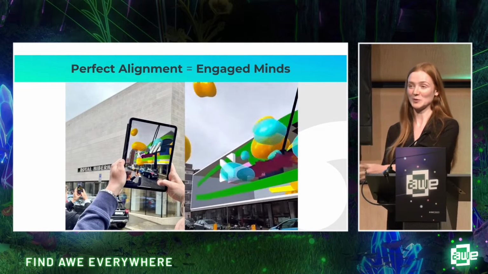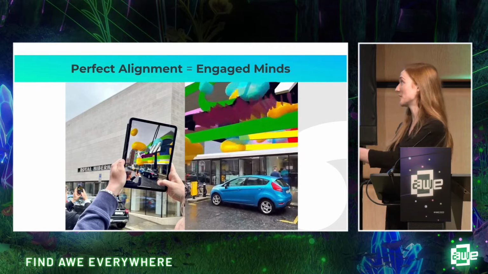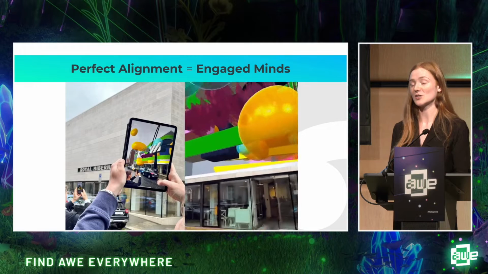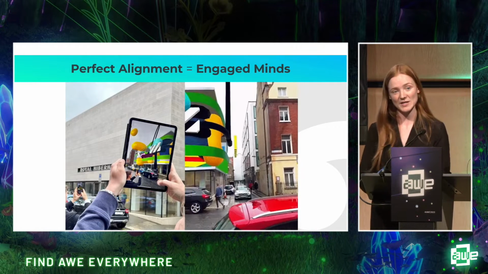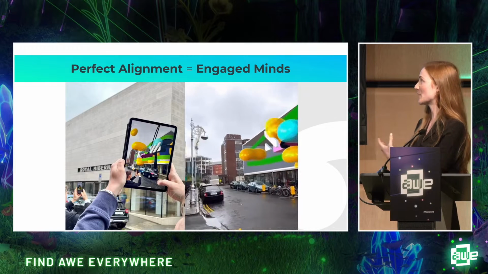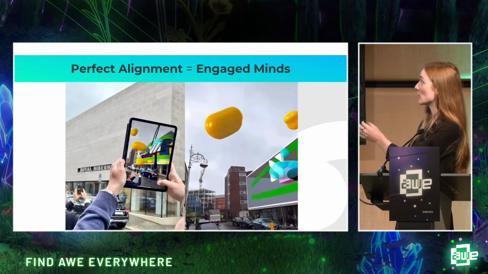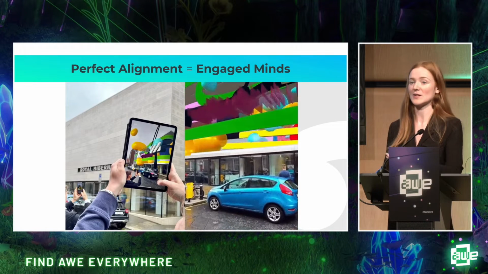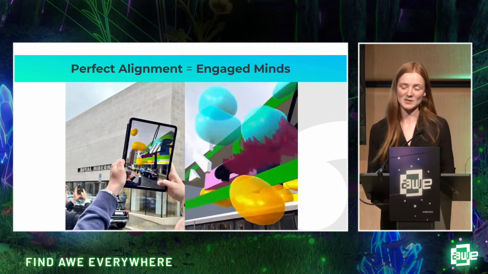So when users held up their phone to his art piece, all these different shapes came out into the room. However, we decided to go a step further and actually turn the art gallery into his art piece, creating it in this 3D format. What's so great about this experience is because the alignment is so perfect on the building, people don't think about the technology or the placement, and they don't get distracted. They get fully absorbed into the experience.